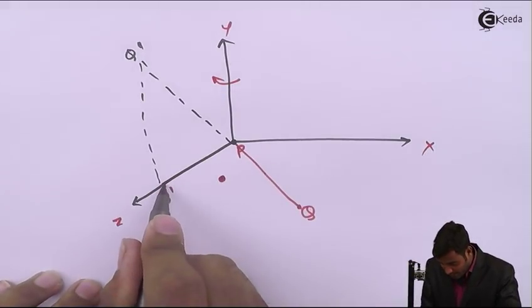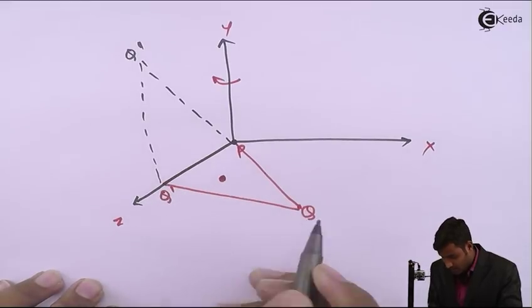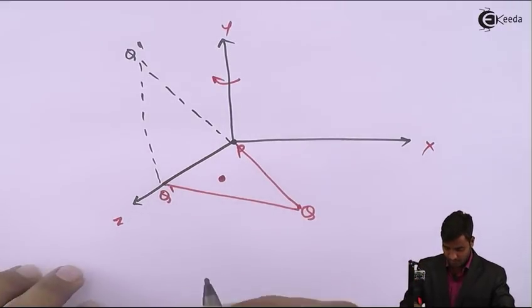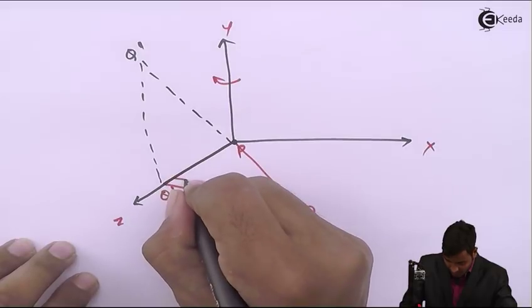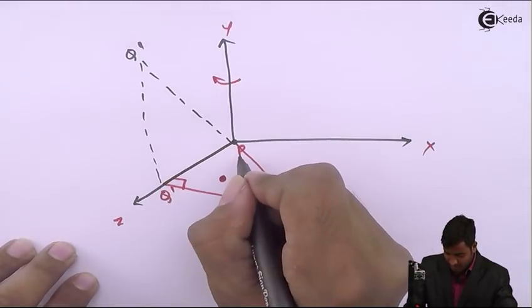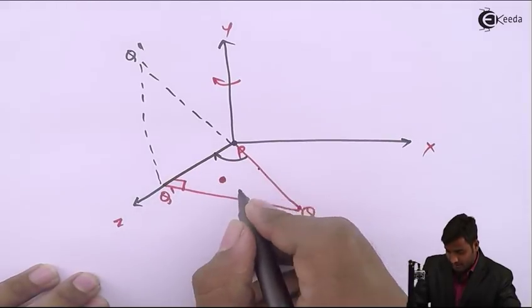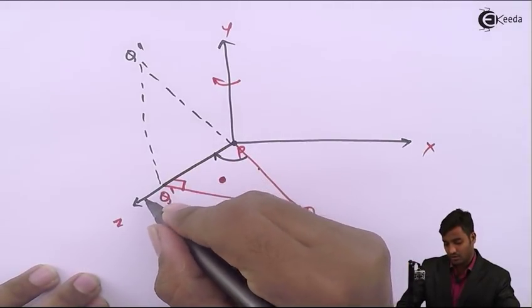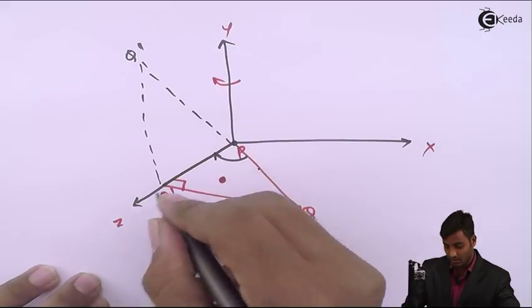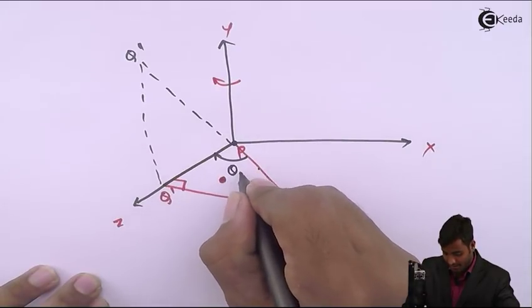So I will join all these points. This is the perpendicular, and this line is coincided with z axis by theta y degree.